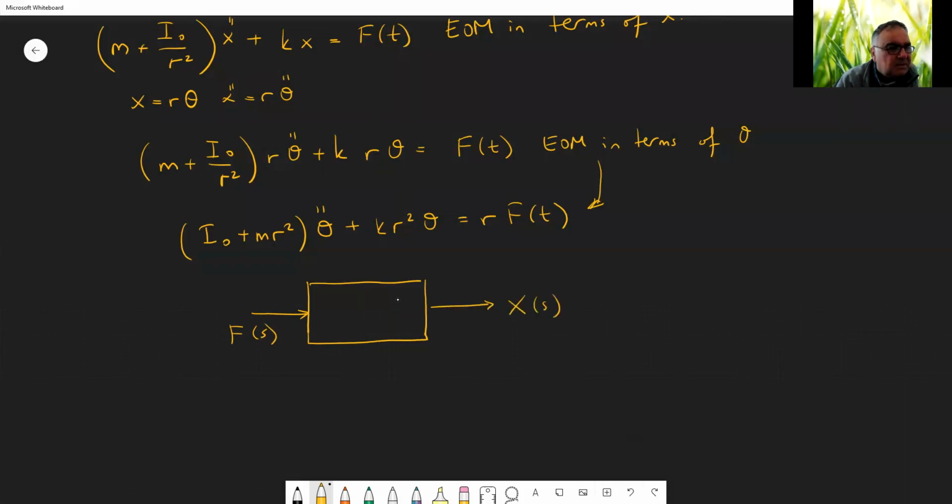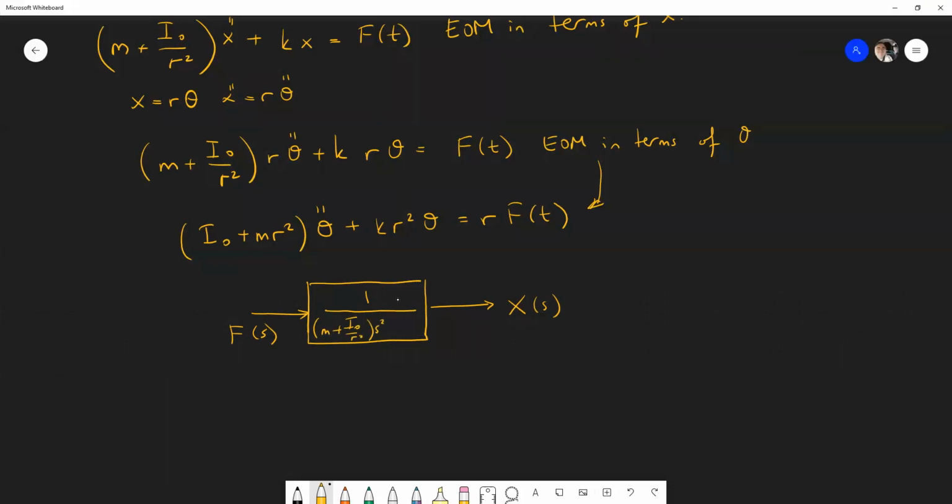And you can take the transforms and so on, and you are going to get the following transfer function. M plus I naught over r squared.